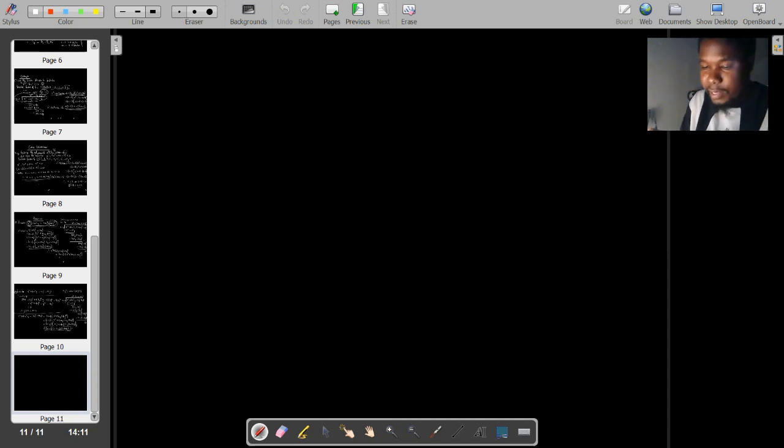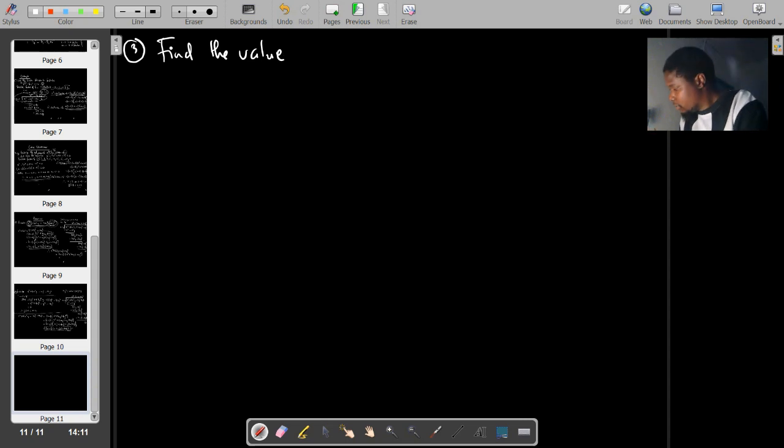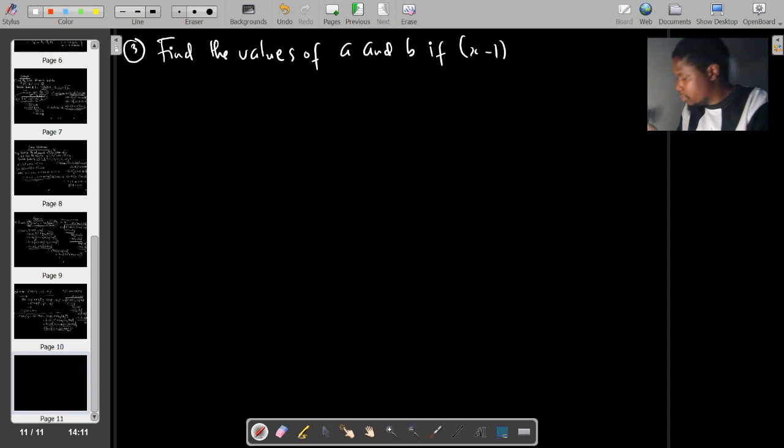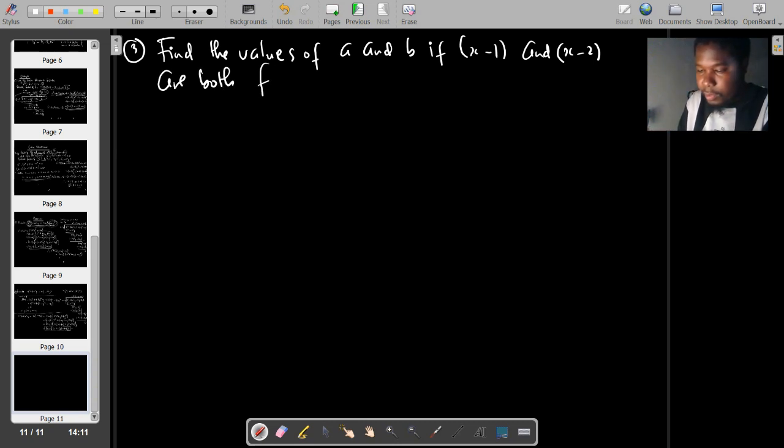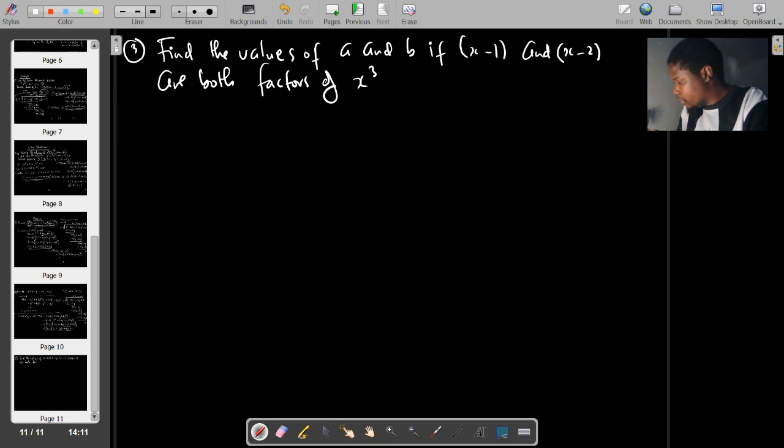Now let's have another problem, number 3. Let's say find the values of a and b if x minus 1 and x minus 2 are both factors of x to the power 3 plus a x squared plus bx minus 6.